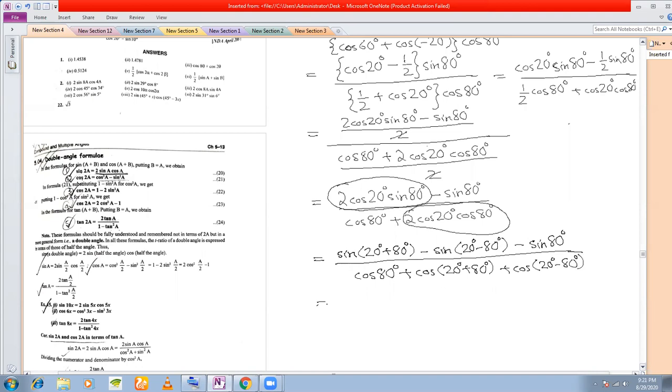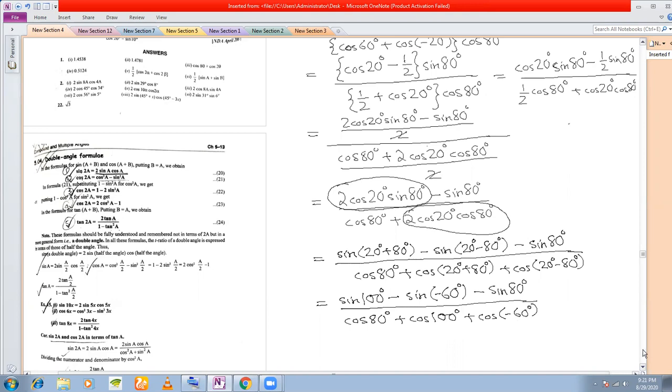Okay, so what are we going to get? We are going to get sin 100 degree minus sin of 20 minus 80, which is minus 60, and minus sin 80 degree, whole divided by cos 80 degree plus cos 100 degree plus cos minus 60 degree.